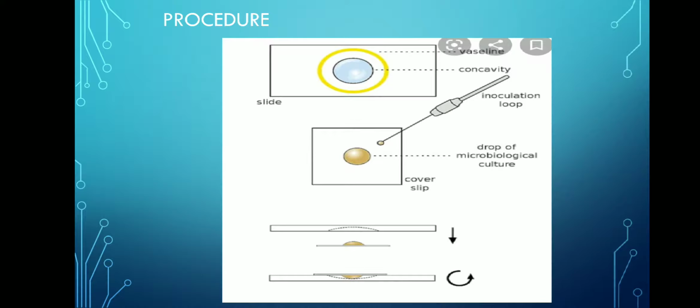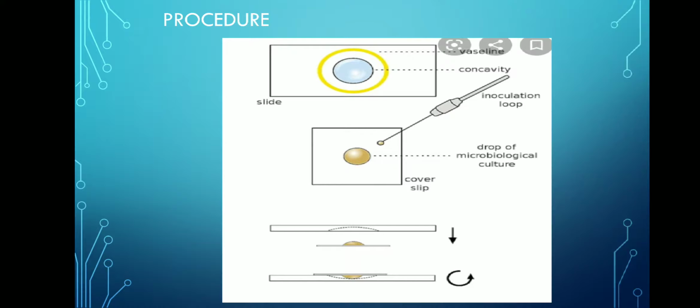Then take a drop of bacterial suspension on the cover slip with the help of a nichrome wire loop. Put the cavity of the slide over this drop of bacterial suspension in such a way that the drop is in the hanging position.